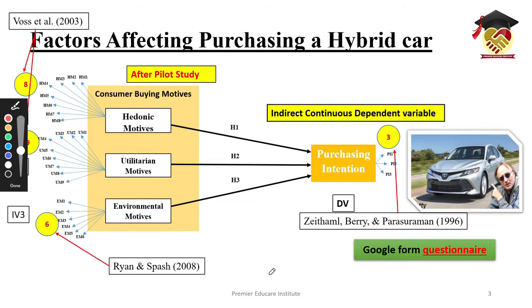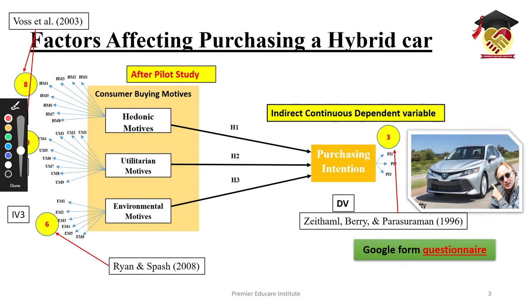Now you have to understand one thing very clearly at this stage. So what are these arrows? Here you have 8 arrows for the hedonic motives, 9 arrows for the utilitarian motives, and 6 arrows for the environmental motives, right? So these are called indicators or the questions to measure that particular variable.